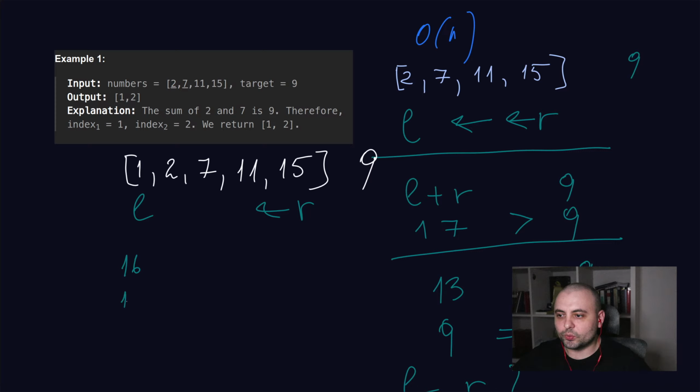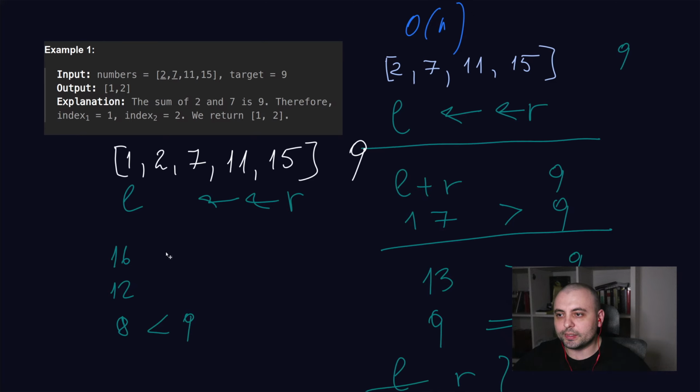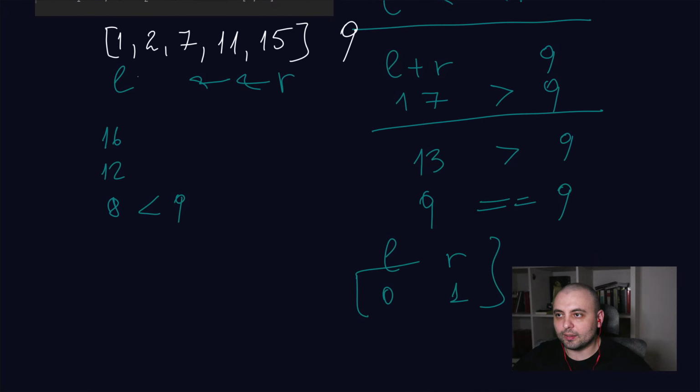Second will be 12, we move even less, and at this stage we have 8. 8 is less than 9. This implies we'll need to increment L, so move left to the right. So left will be at this stage, and finally we've got 9 equal 9. So in theory this solution should work. Let's try to code it.